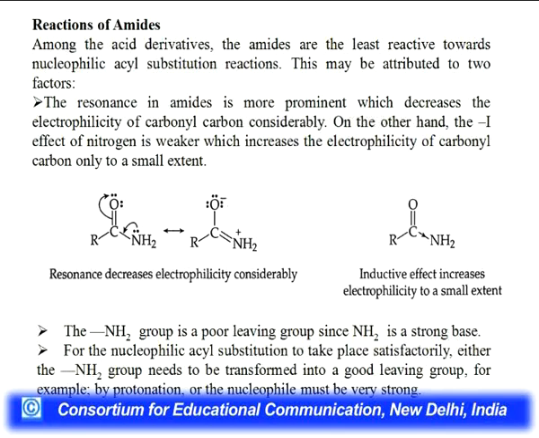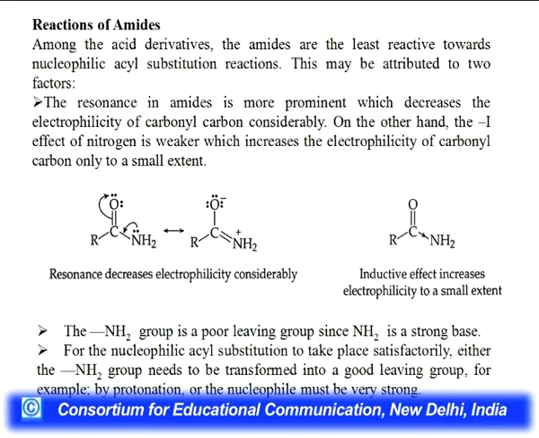You can see the resonating structure of amide and how the inductive effect is exerted by the N of amino group. This amino group is a poor leaving group because it is a strong base; weaker the base, better the leaving group.